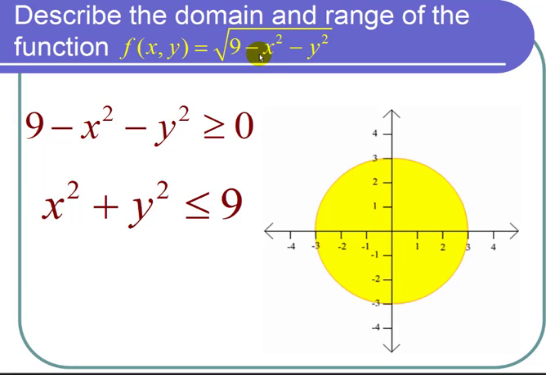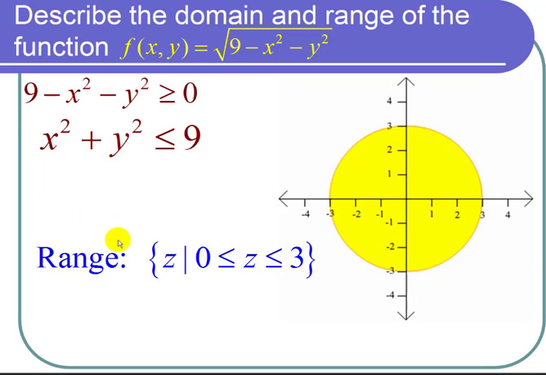So the range is going to start at 0, and the very largest the range is going to get is when x and y are both equal to 0, because taking away 0 from 9 will be the very biggest thing we can get. And when we do that, we get the square root of 9, which is just 3.